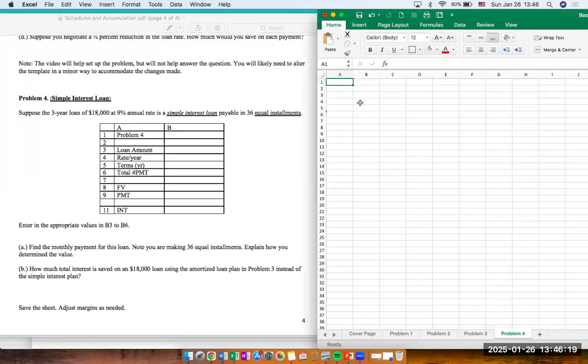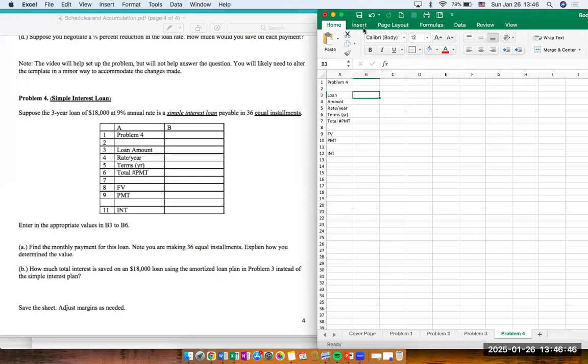I'll do it differently. So problem 4, we have your loan amount, rate per year, terms, total number of payments, payment. There we go. FB, PMT, and INT.